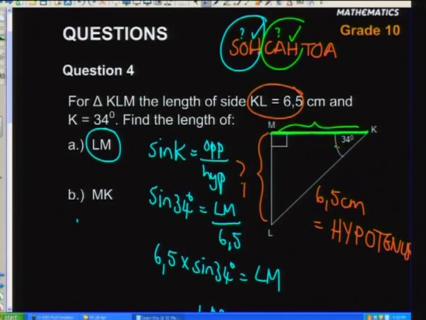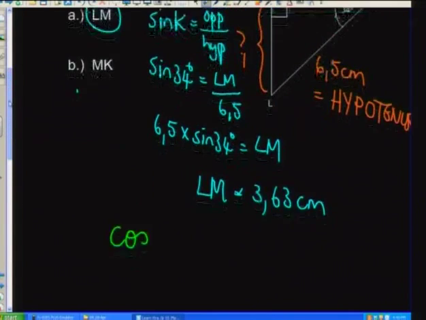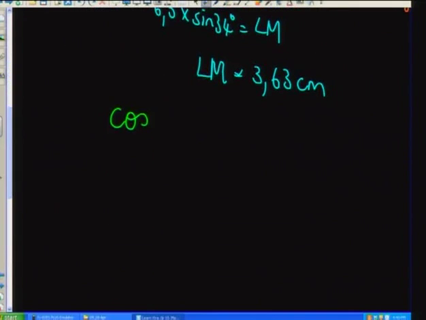Can you see I'm going to use the cos ratio for that? So we're going to do the same thing. Cos of the angle we're working with, which is angle K. Cos of angle K is equal to adjacent over hypotenuse.